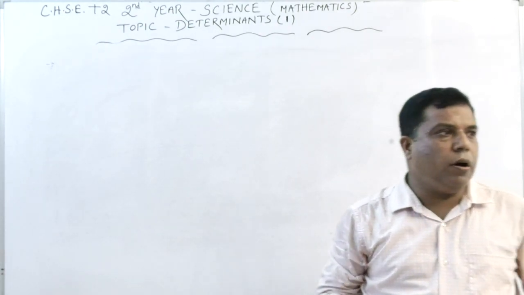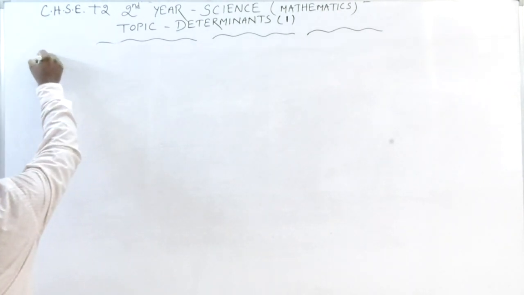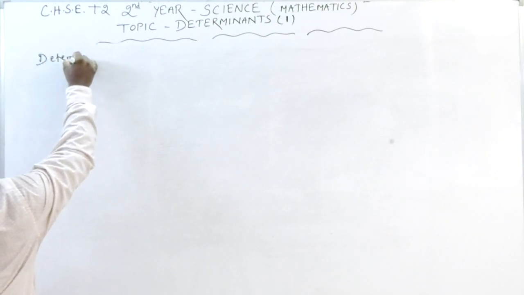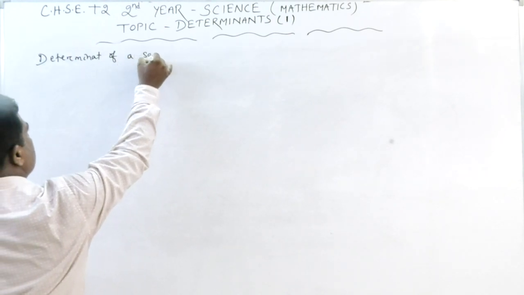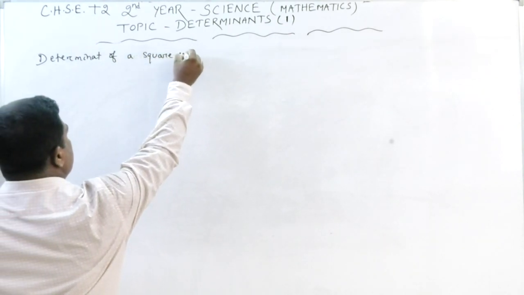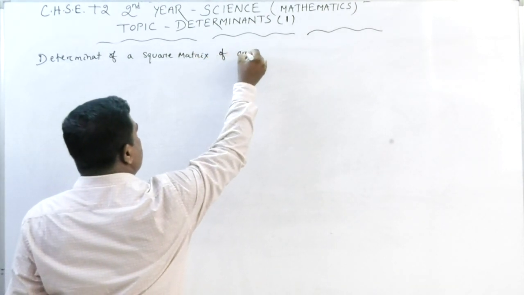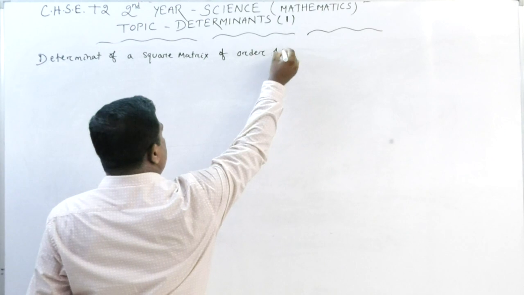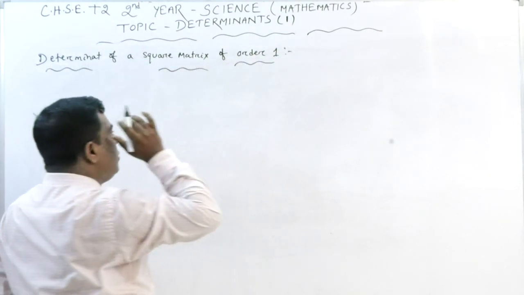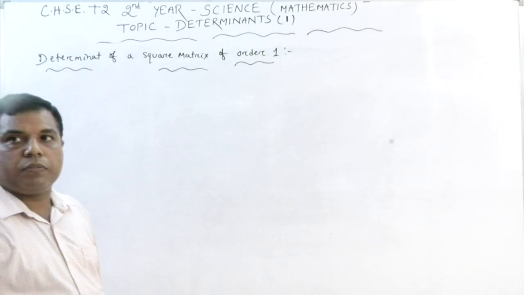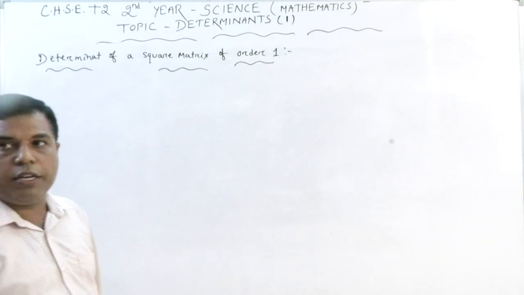So next we will go for the determinant of a square matrix of order 1. So we are going to find the determinant of a square matrix of order 1. How to find the determinant value of a square matrix whose order is 1?